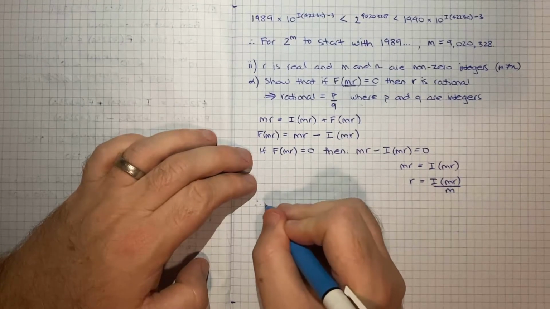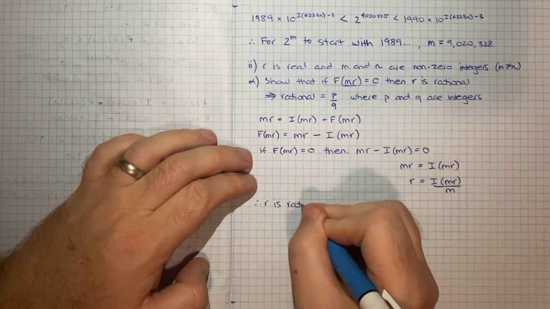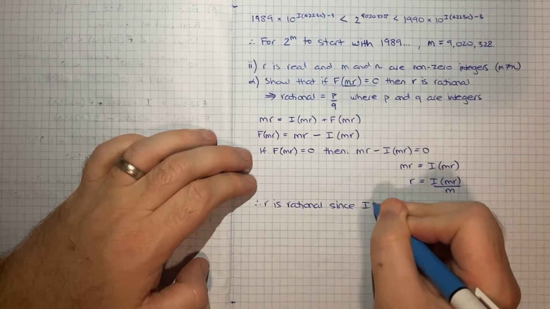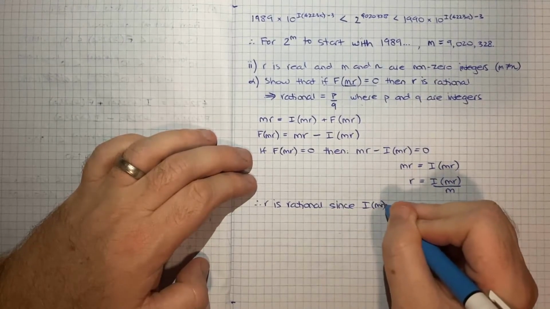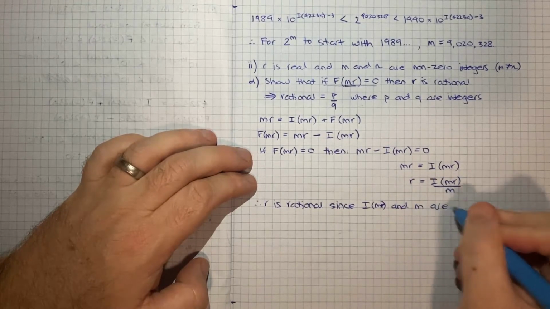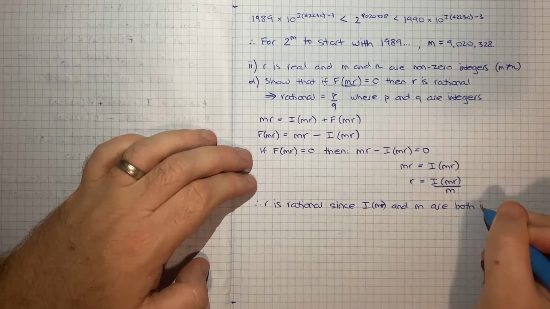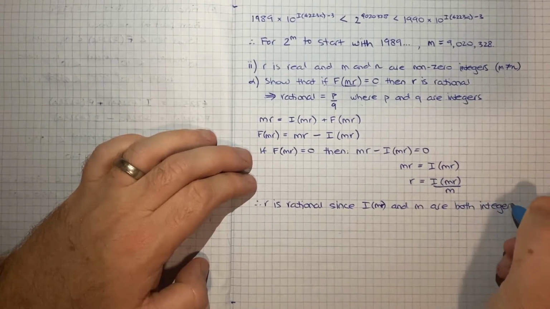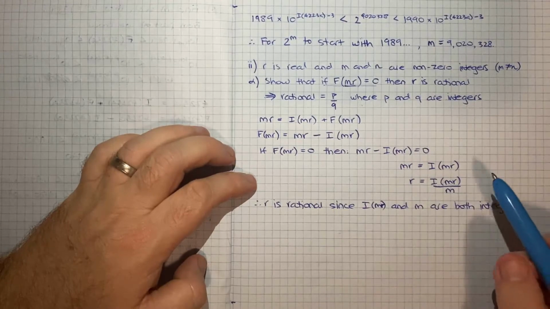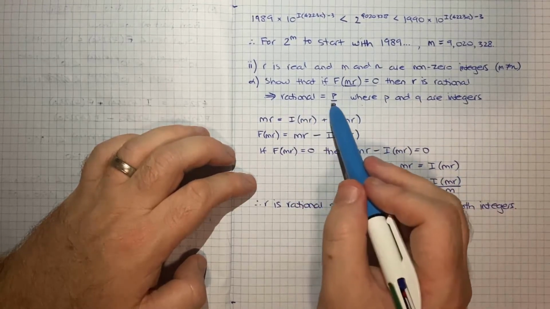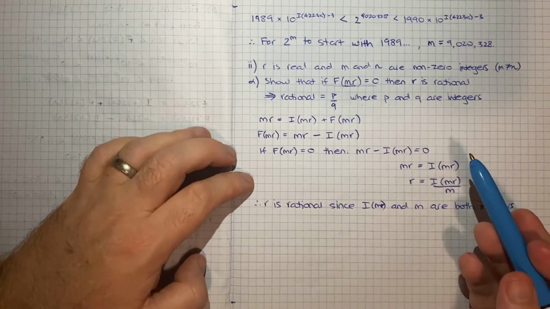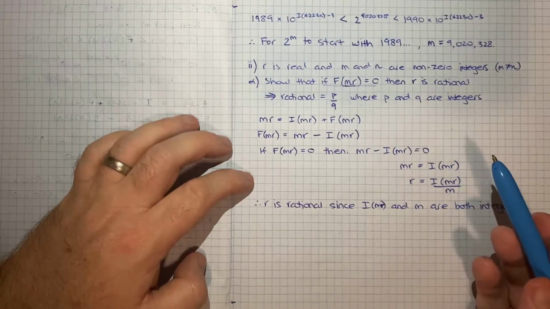So therefore R is rational, since the integer part of MR and M are both integers. So yeah, that wasn't too bad at all. I think as long as you knew the definition of a rational number, this dropped out really easily. And I think part beta is going to be pretty similar.